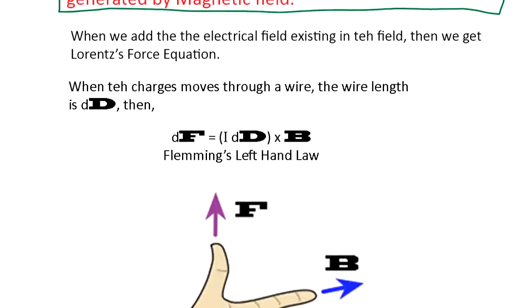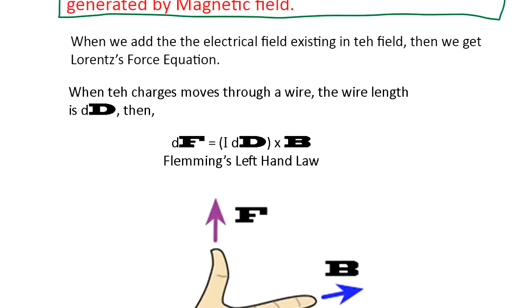Now, if we modify the equations, this is V, the current segment times B. The force is going to be on this segment. So when you have a current, not an electric charge, and take this segment dl times B, the force is going to be generated in this direction.